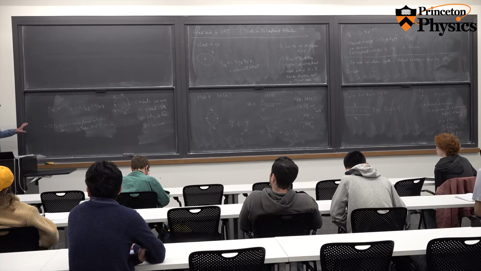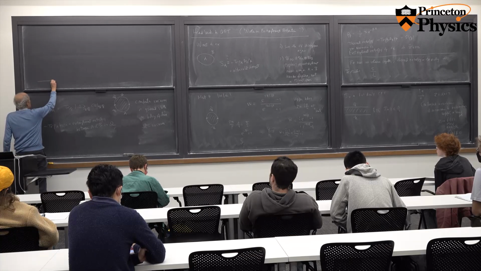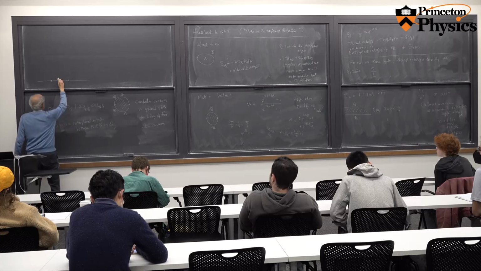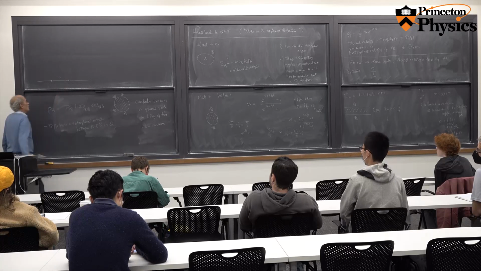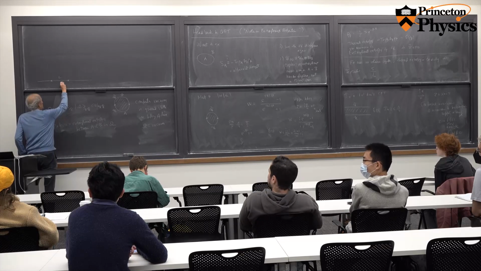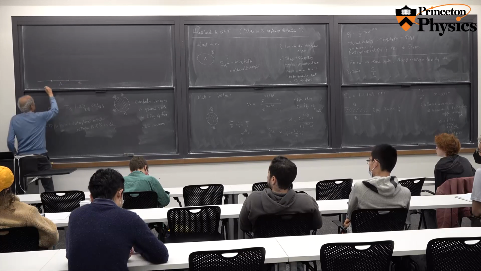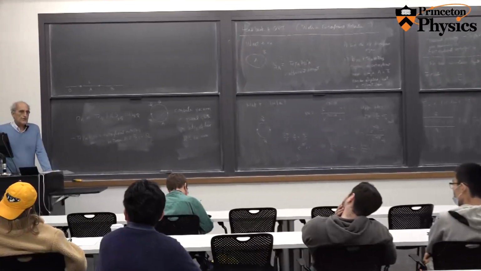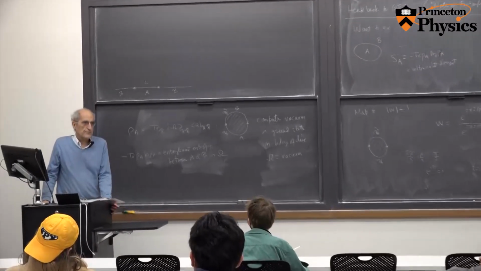So we're going to compute it in a moment, but we computed it in a previous lecture, except that we did something very similar. We took an interval of length L on the line, and we took A to be an interval of length L and B to be the exterior. That was the lecture where we used the replica trick.